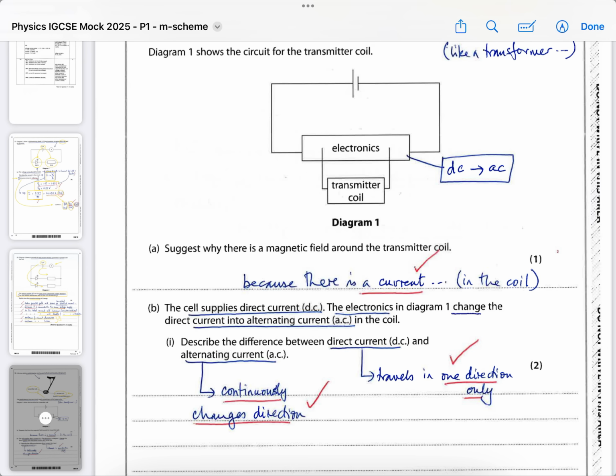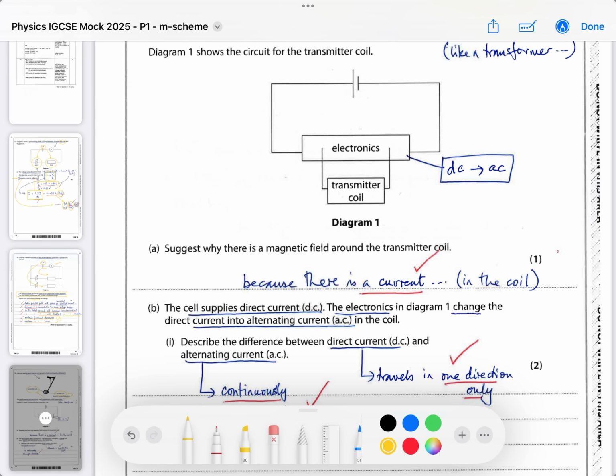But remember, in electromagnetism, there's coils, and if you put a current in a coil, yeah, it will produce a magnetic field. So why is there a magnetic field around the transmitter coil? Well, we didn't know there was, but they're hinting that it's going to be about magnetic fields. Because it must have a current in it. A coil with a current in it will produce a magnetic field. Okay?